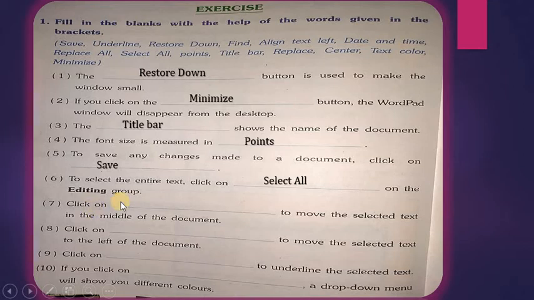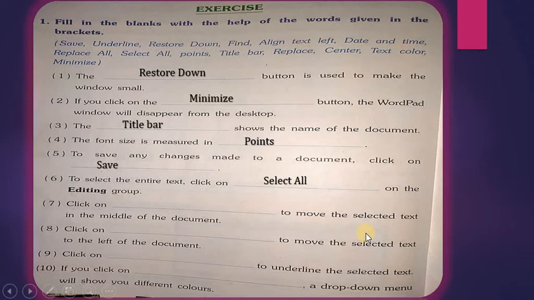Click on dash to move the selected text to the middle of the document. So what is it called? It is about the alignments. Middle of the document, selected text.